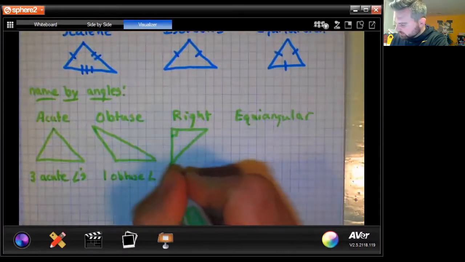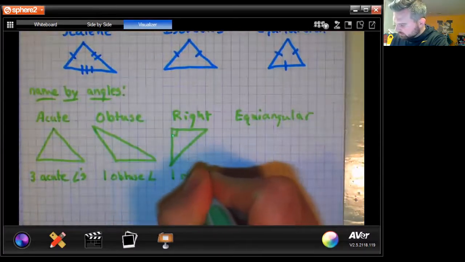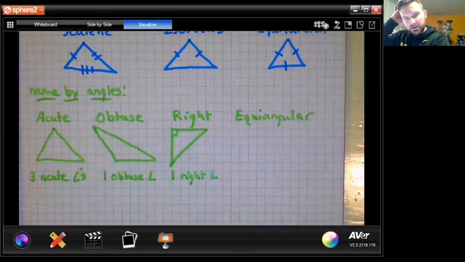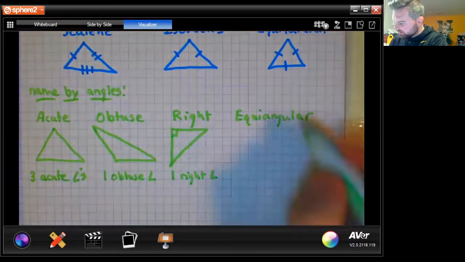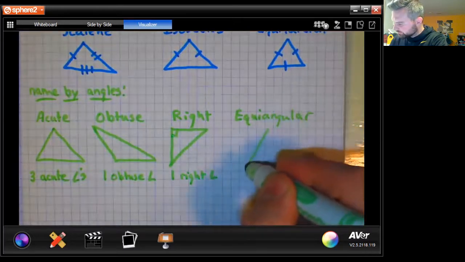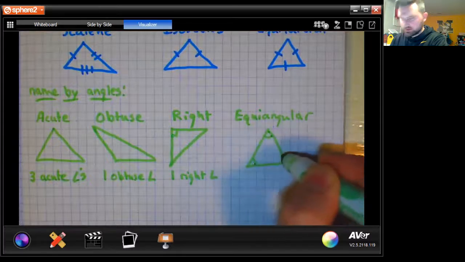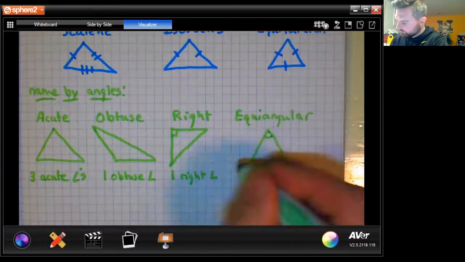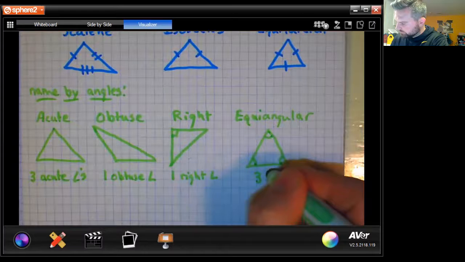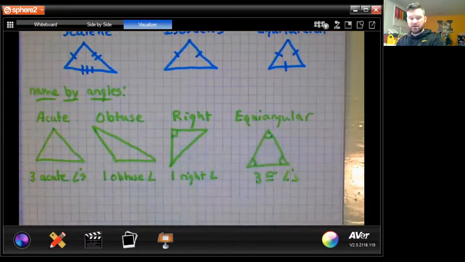So one right angle. And a triangle that is equiangular has all three angles congruent. Okay, all three angles of that are congruent.